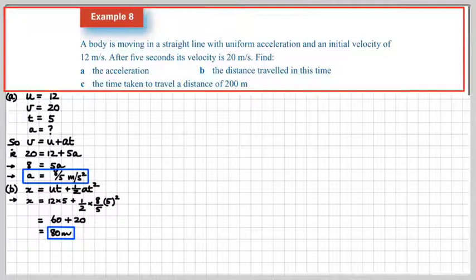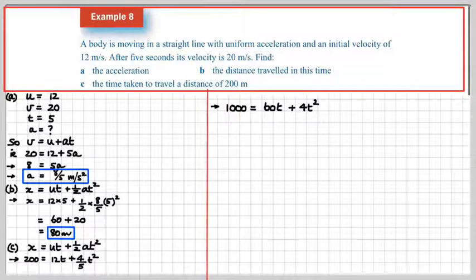Right, part C, the time taken to travel a distance of 200 meters. Okay, so this time we're going to put our x in there as 200, and we know our u and we know our a, and we're going to work out what t is. It looks like it'll be some sort of quadratic. Better multiply by 5.